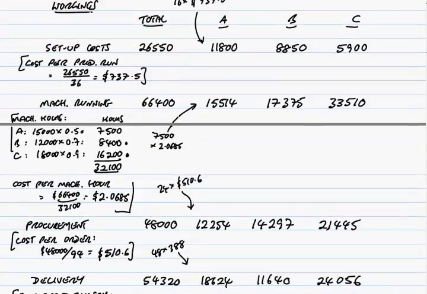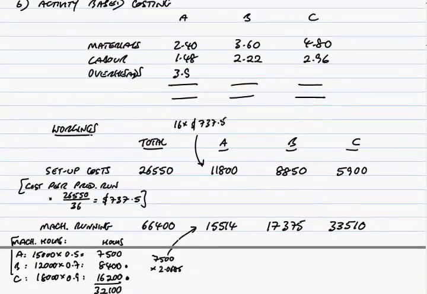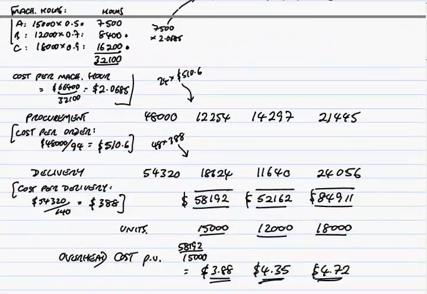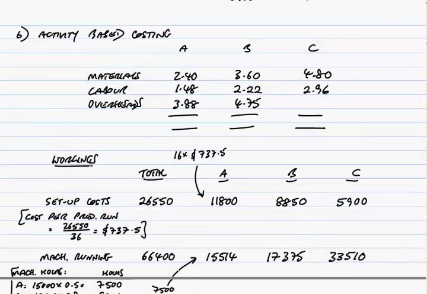388, 435, 472. I want to forget these. 388, 435, and 472 gives a full cost per unit to A of $7.76, to B $10.57, and to C $12.48.